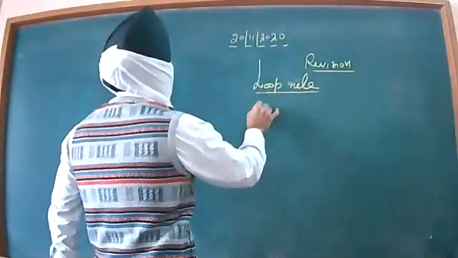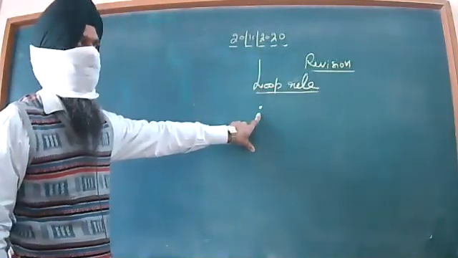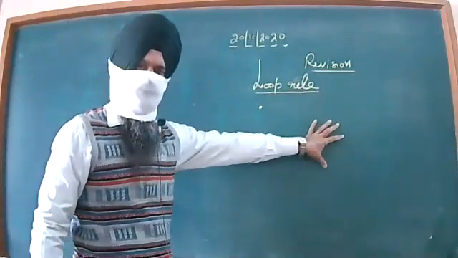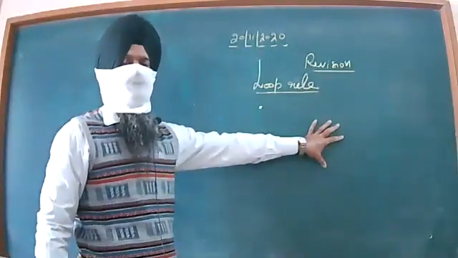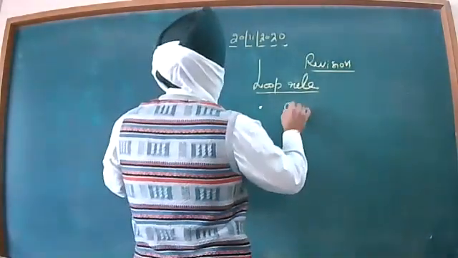Son, listen very carefully to the standard convention here. The direction in which the current is flowing, that direction indicates the fall of the potential.